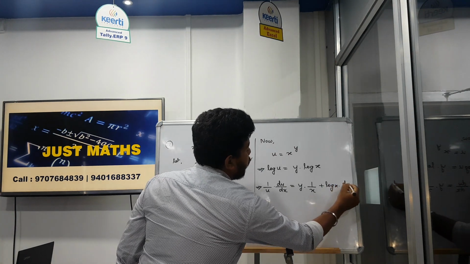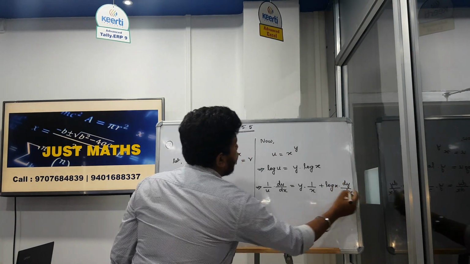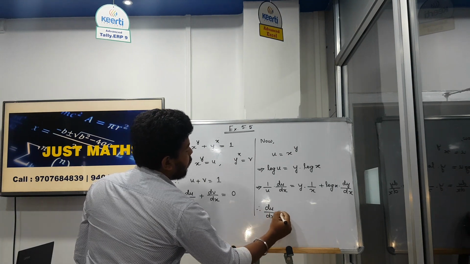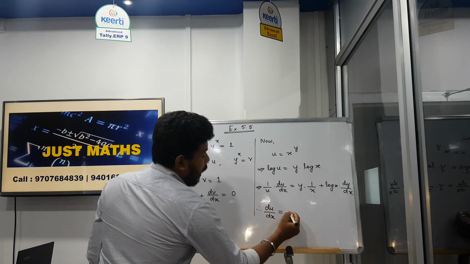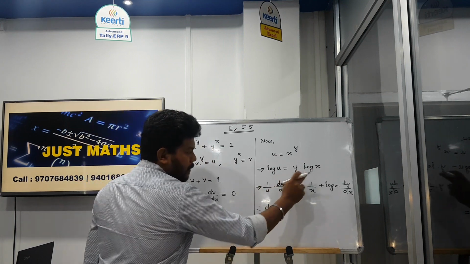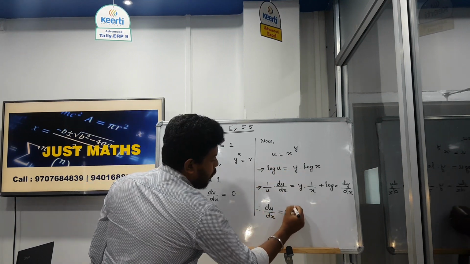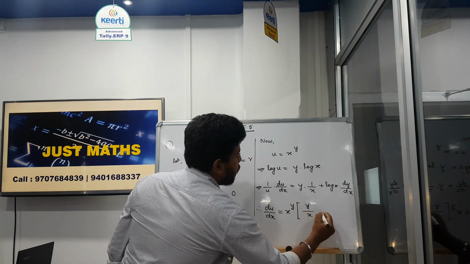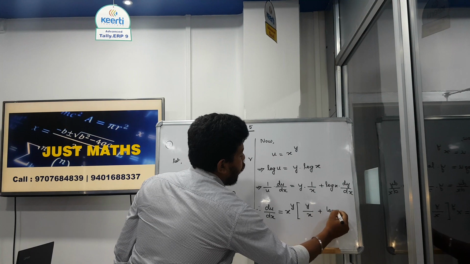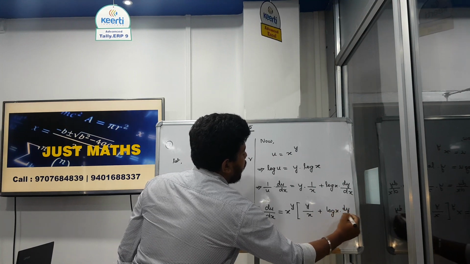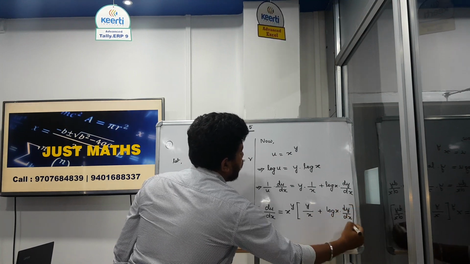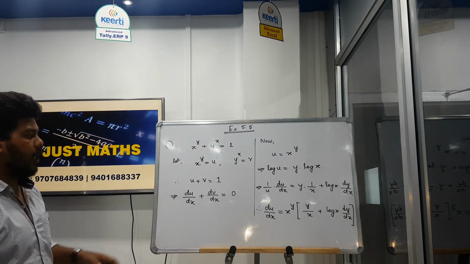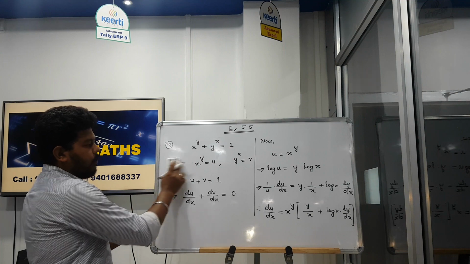Therefore, your du by dx is equal to u into, u gets multiplied on the right side, u is equal to x to the power y into y by x plus log x into dy by dx. This is your du by dx.